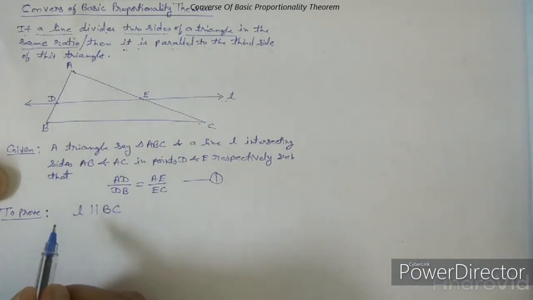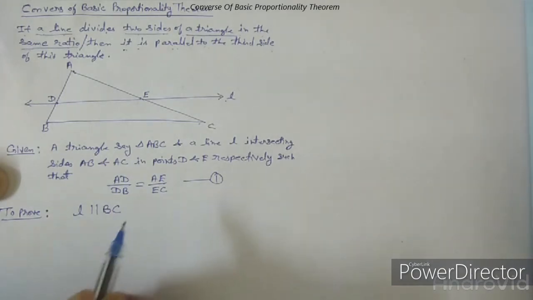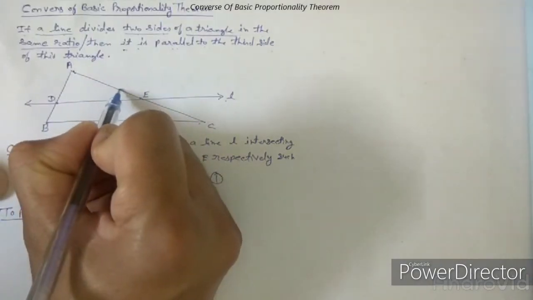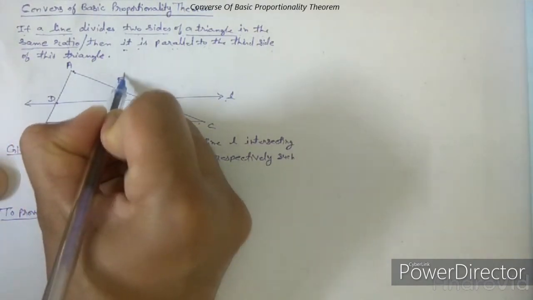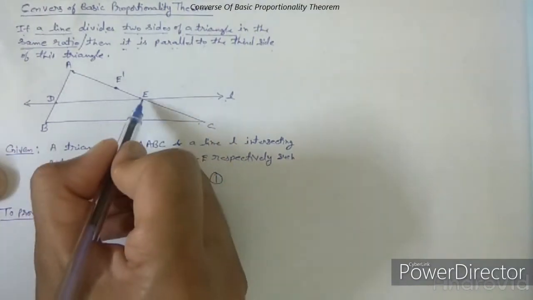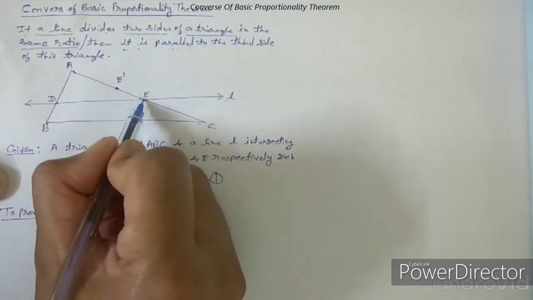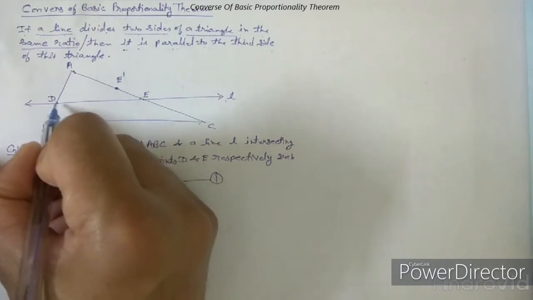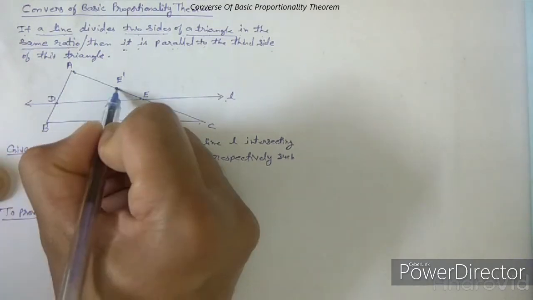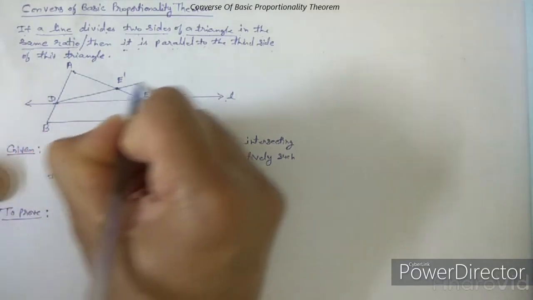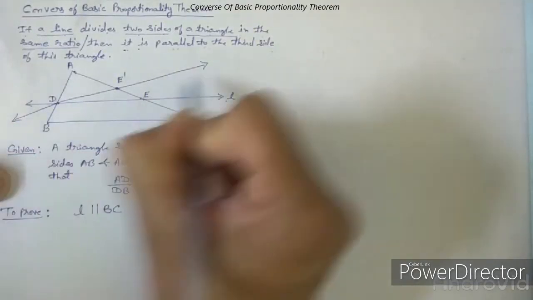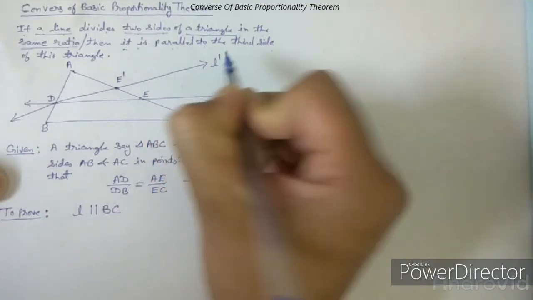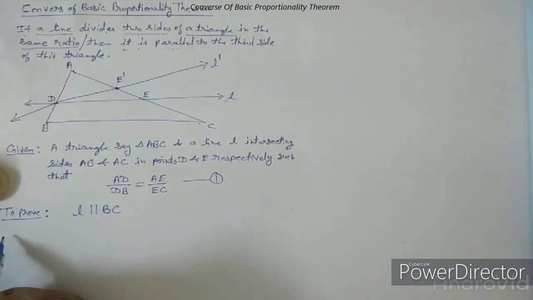To prove this theorem, we should have some constructions. So we mark another point E dash on side AC. Here E and E dash are distinct points, and we draw a line passing through D and E dash, and call it line L dash. So we write construction for this theorem.